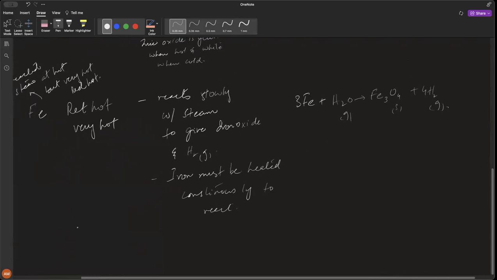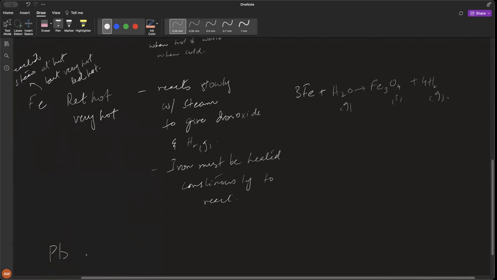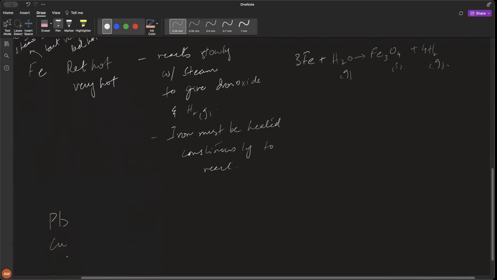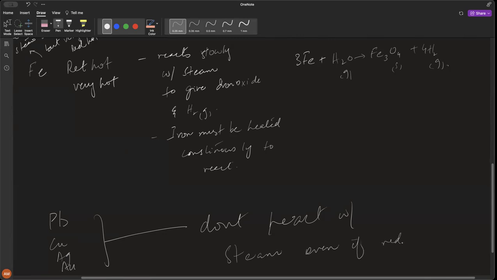And the last ones, Pb, copper, Ag and Au. All of them don't react with steam, even if red hot.